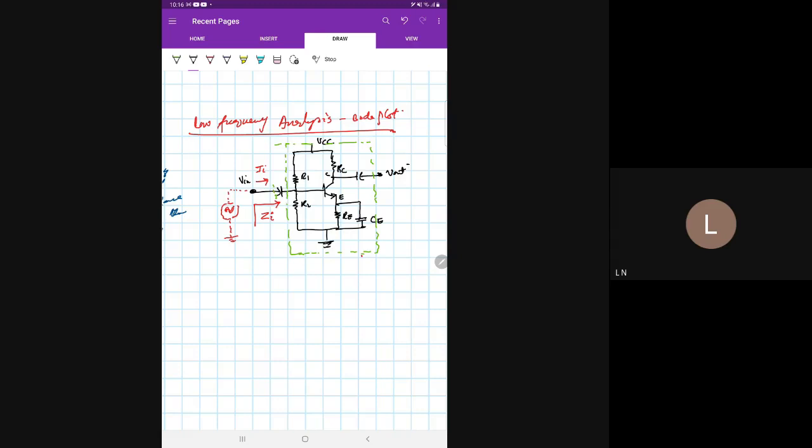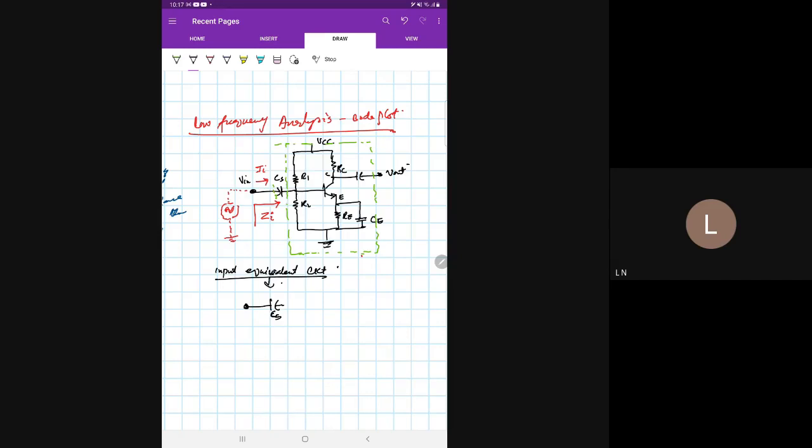Now see, if we look at the input equivalent circuit for this amplifier, it will be shown below. What is the input equivalent circuit? We have an input coupling capacitor, CC or CS, the series capacitor which is connected to the amplifier.